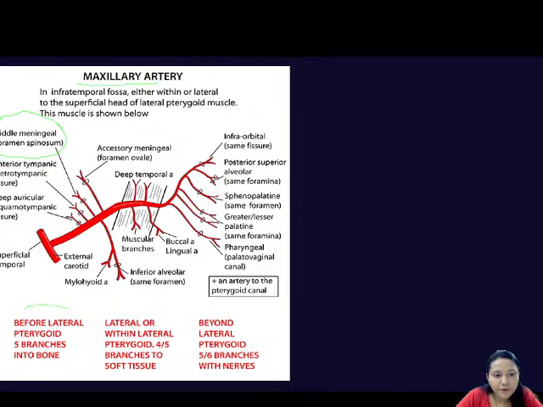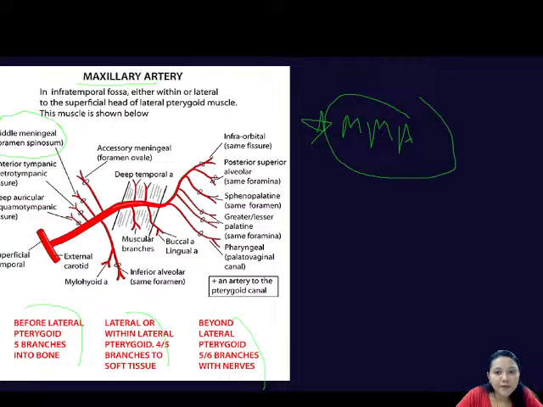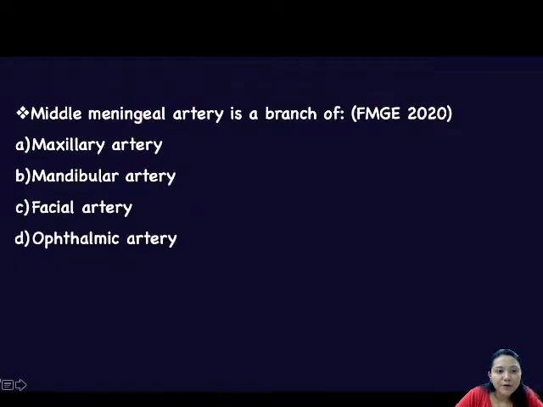Before the lateral pterygoid it has 5 branches, then within the pterygoid it has 4 to 5 branches, and then beyond it has again 5 to 6 branches, but we are more concerned with the middle meningeal artery. So this artery is a branch of your maxillary artery. तो इसका आंसर होगा तुम्हारा, what is the correct answer for this? This will be the maxillary artery.